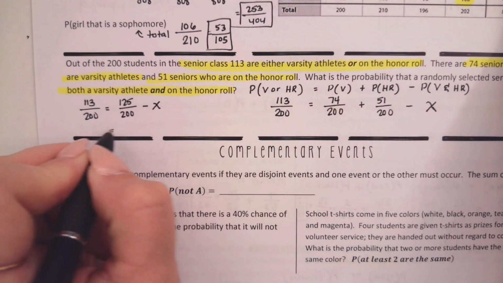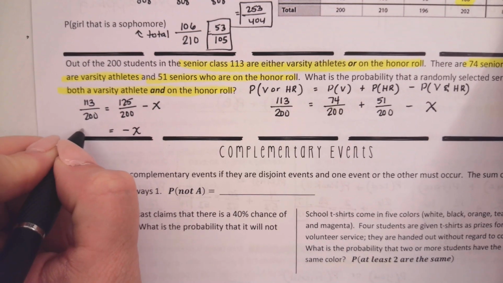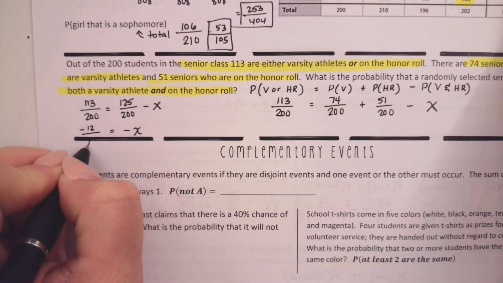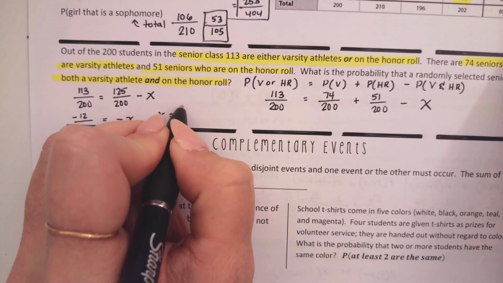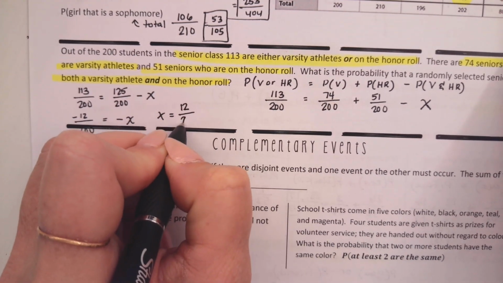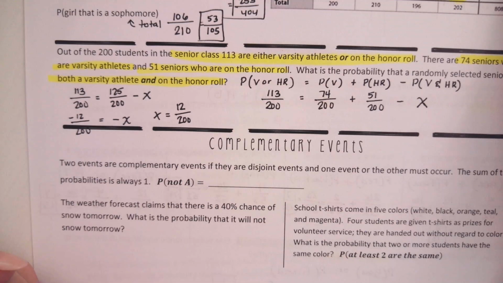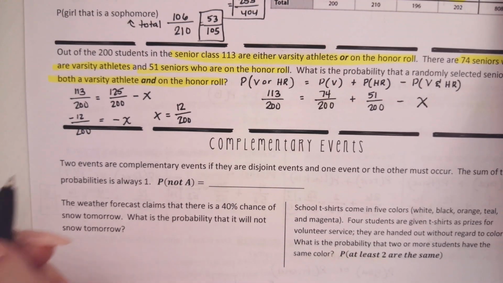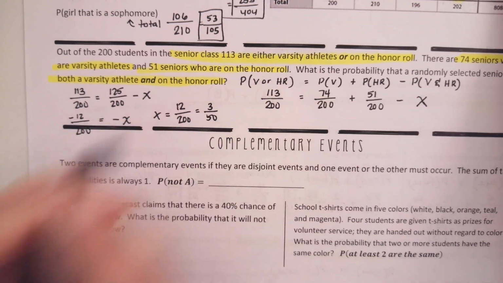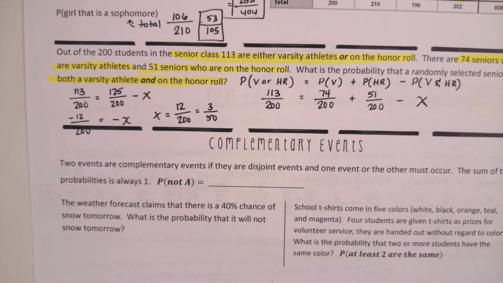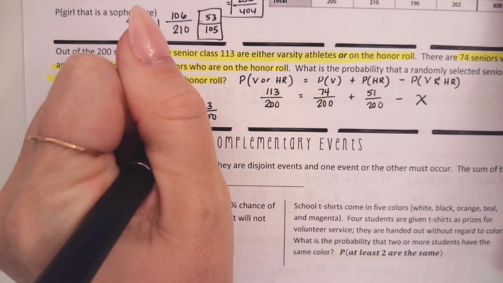That's negative 12 equals negative X. Negative 12 over 200 equals negative X, which means X equals 12 over 200. Which reduces to? 3 over 50. What is that as a decimal? 6%. 6% are varsity and on the honor roll.